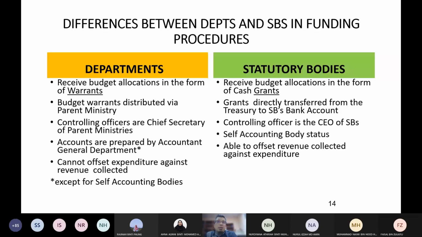But another issue is manpower: the accountants and accounts executives, are they able to prepare the accounts? This can be an issue as well.